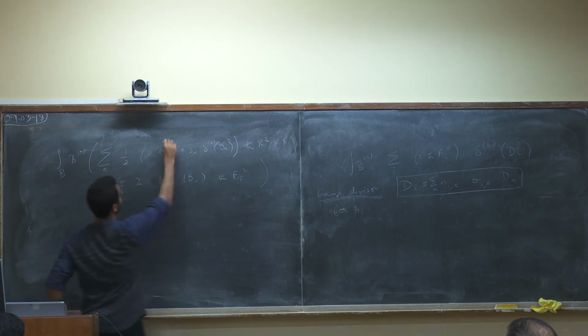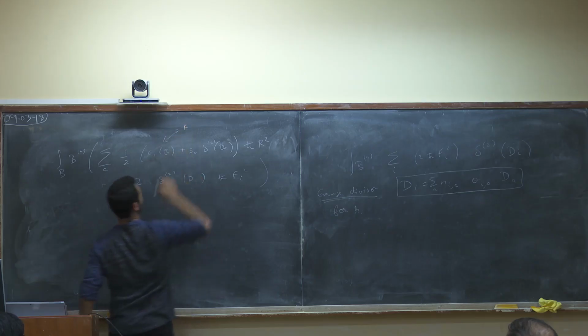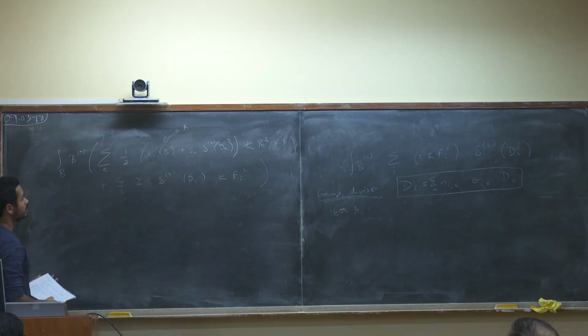It's dual to K. So this is the 6-dimensional Green-Schwarz counterterm.